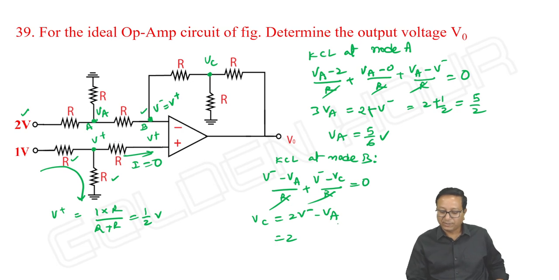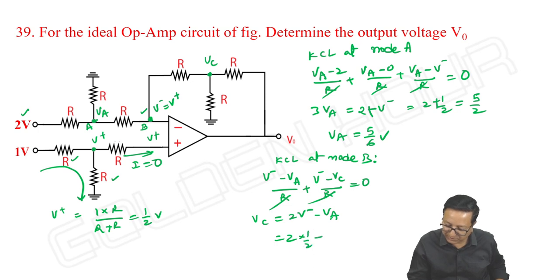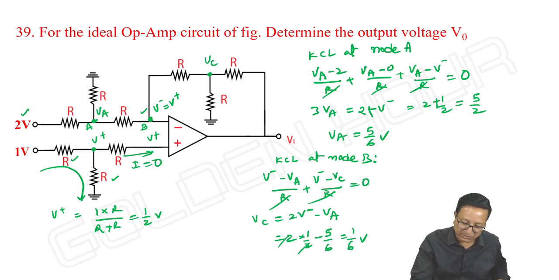So VC is 2 V minus minus VA. So what is V minus? The voltage at the inverting terminal is 1 by 2, and VA is equal to 5 by 6. So how much do you get? It is 1 by 6 volts. VC we got.